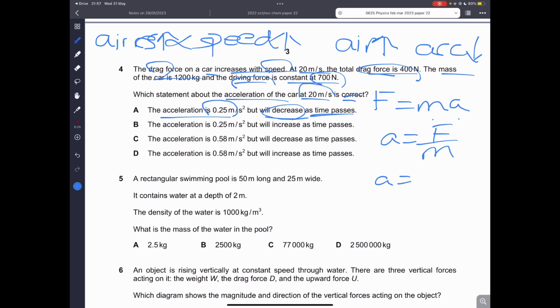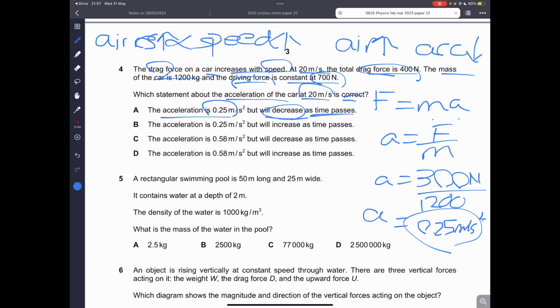So if the driving force is 700 newtons and the drag force is 400 newtons, the resultant force is going to be 300 newtons forward. And the mass of the car is 1200. Now this gives us an answer of 0.25 meters per second squared. And so we get the acceleration of 0.25 meters per second squared. So A is the correct answer.